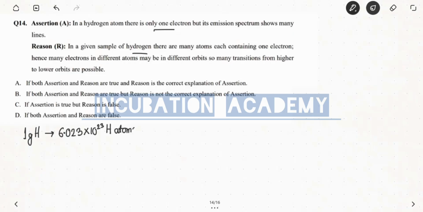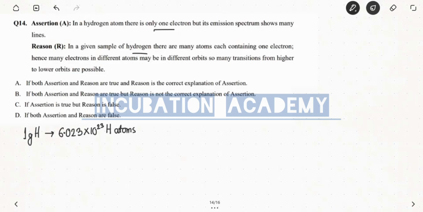Just think how much is the number. A minimum amount you have to take is 0.25 gram, 0.1 gram. If you are able to take 0.1 gram, or 1 milligram, then the number of atoms contained in the sample is huge in number.